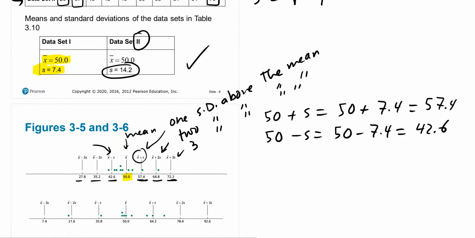That's what within means. If you look at the next data, it had the same mean. Data 2 had the same mean, but the standard deviation was bigger. So when you take 50 and add the 14.2 to it, that gives us 64 point something. Add it again and again, subtract it, subtract it, and that's what we get.